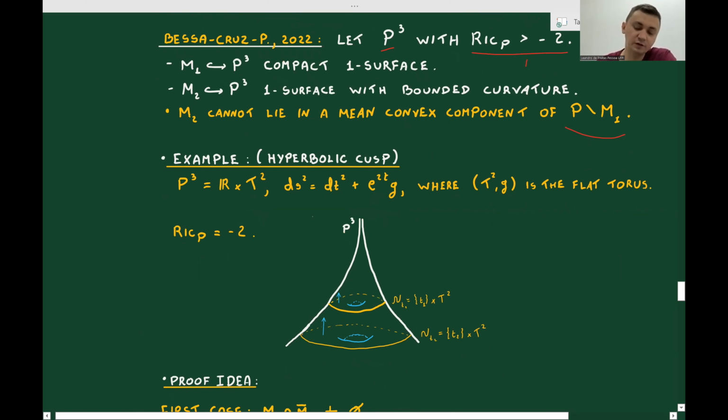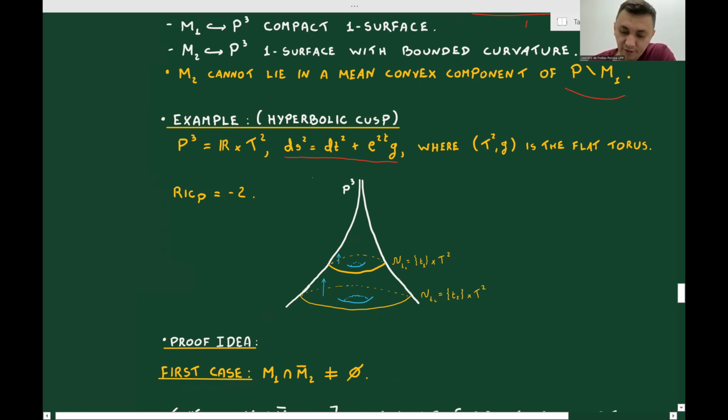So we consider the hyperbolic cusp. The hyperbolic cusp here is just a product manifold P3, which is the line times the torus, and we consider this metric where g is just the flat metric.